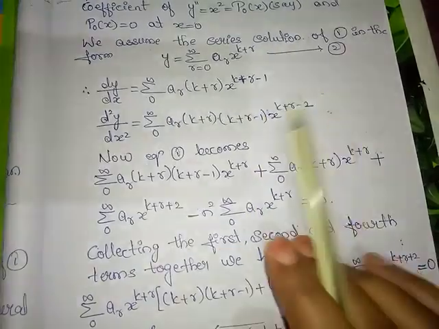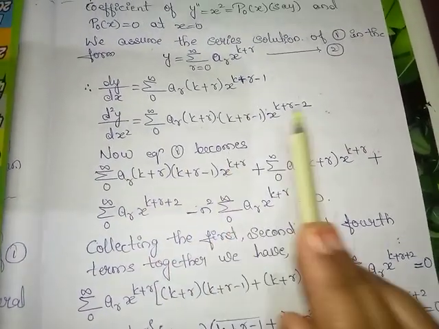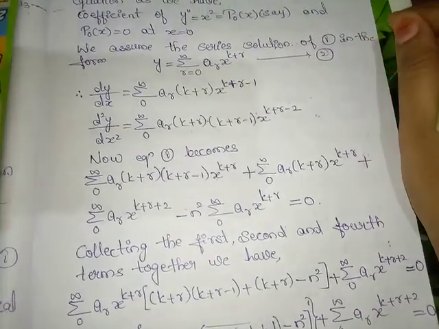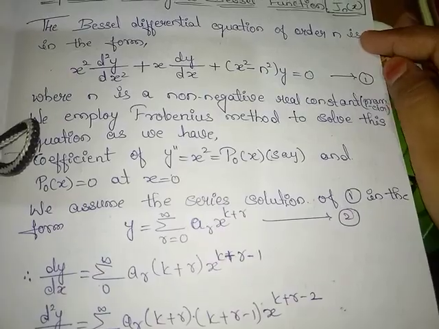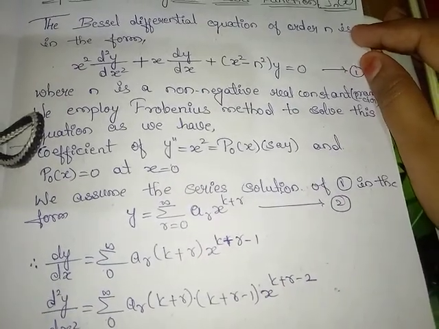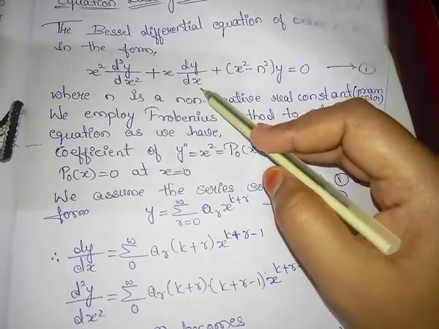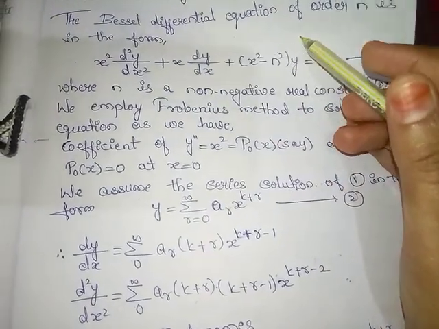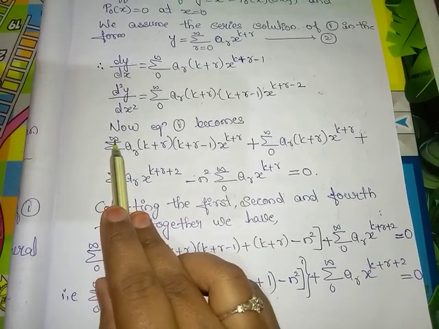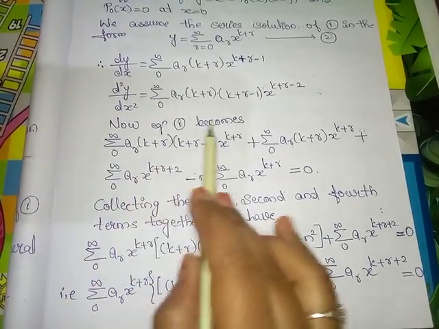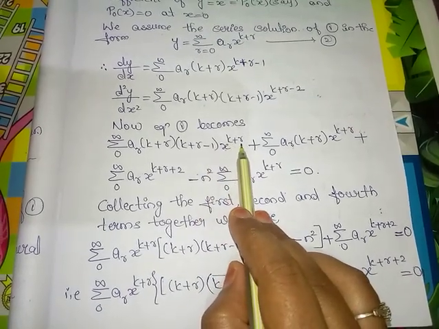This is known. Next, equation 1, the Bessel differential equation of order n, becomes what? Substitute d square y by dx square and dy by dx along with y. We get summation r running from 0 to infinity a r k plus r into k plus r minus 1 into x raised to k plus r.